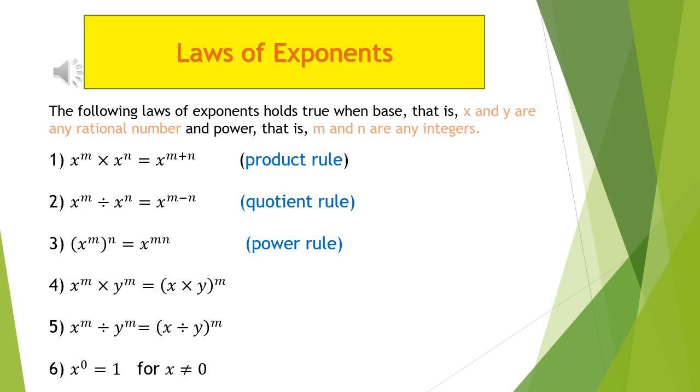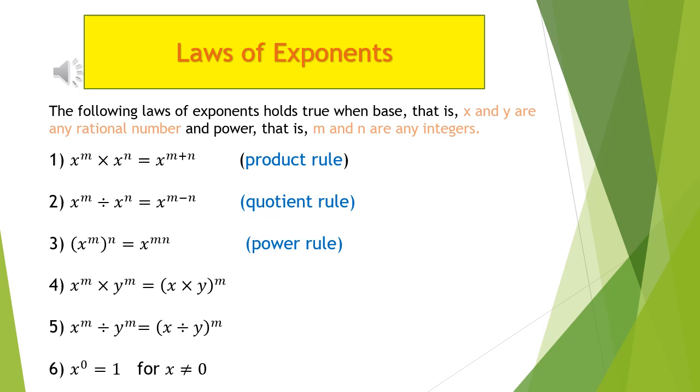So in your final conclusion, on the right hand side, the powers of the number will be added and your base will remain the same. It means x raised to the power m multiply x raised to the power n will give you x raised to the power m plus n.